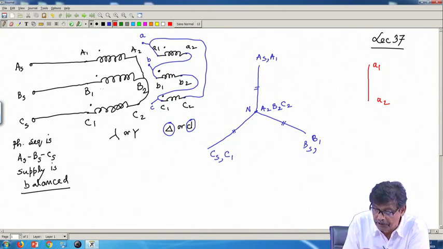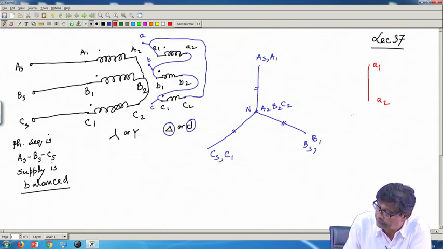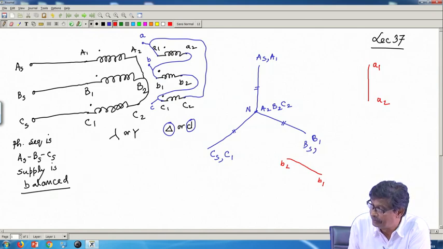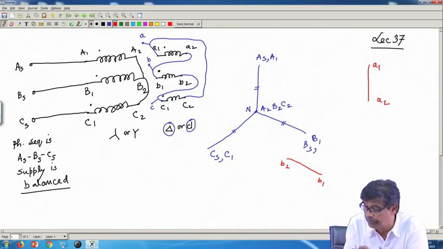Similarly, small b1 b2, the induced voltage in the secondary, will be parallel to this B1 B2, and B1 and A2 are shorted. Therefore, how to place this? So, B1 B2, okay, and B1 is connected to A2. So b1 b2 will be like this here. I am just drawing b1 b2 parallel to this, it is available, but I have joined A2 with B1.